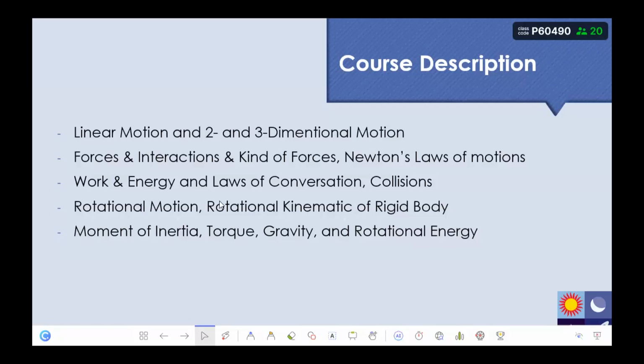Then we will talk about rotational motion, rotational kinematics of rigid bodies. At the end, we will be talking about moment of inertia, torque, gravity, and rotational energy. So we will start with kinematics, analyzing one-dimensional motion for a particle. And then at the end, we will talk about the motion of a real object.